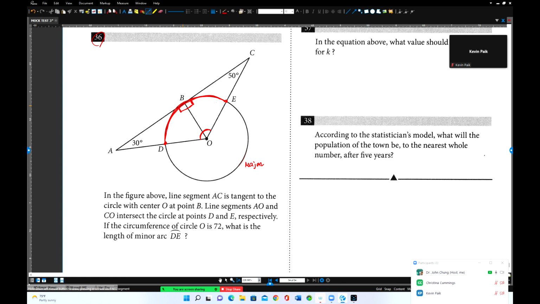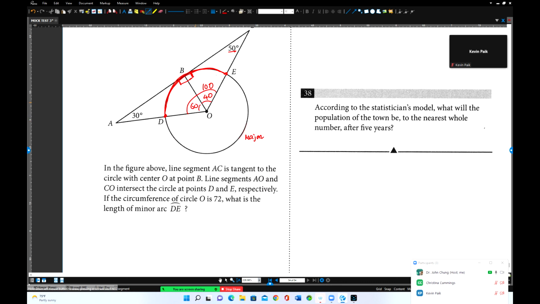The tangent is always perpendicular to the radius, right? So this is 50, and this is now 40. The sum of these two is what? Complementary angles, 90. If this is 30, this is what? 60. The whole thing is 100.